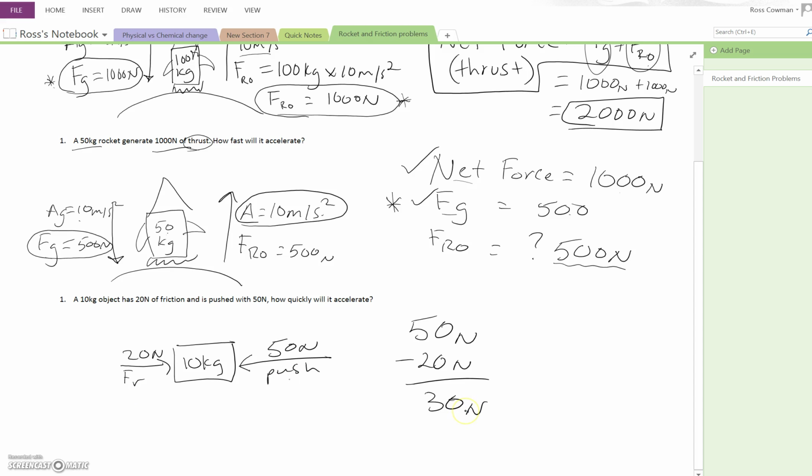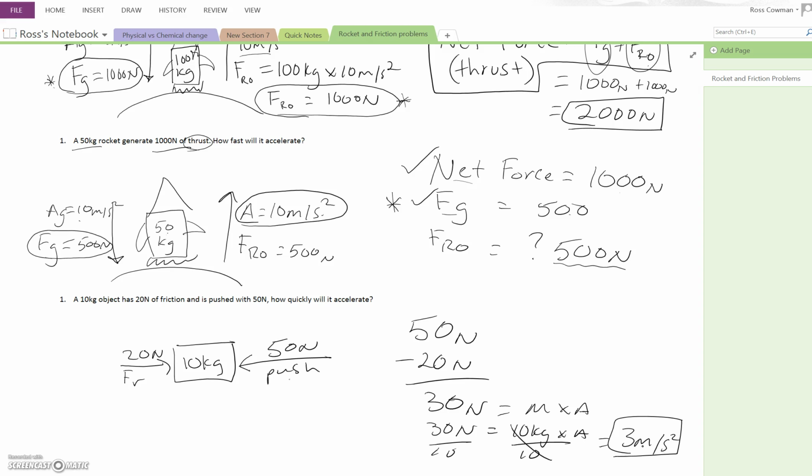So 30 newtons, if we set that up to mass times acceleration, 30 newtons equals 10 kilograms times a. Divide both sides by 10. And acceleration is 3 meters per second squared. Right? 30 divided by 10. So that's how quickly that object will accelerate.